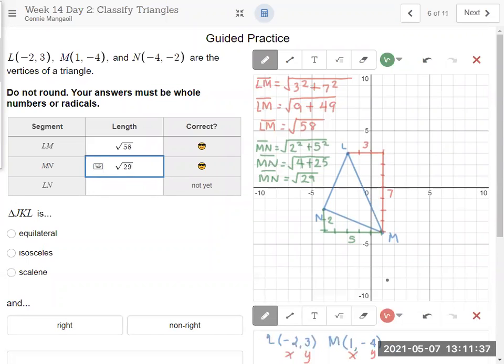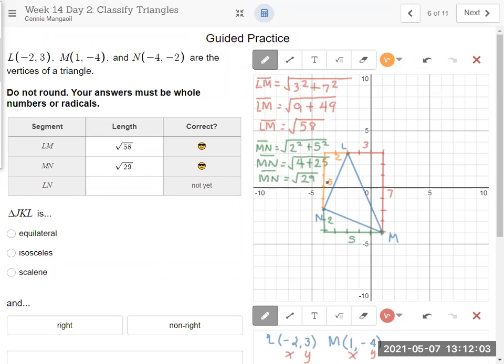And then lastly, we have side LN. So side LN, this is 2 units, 1, 2, and this is 1, 2, 3, 4, 5 units.